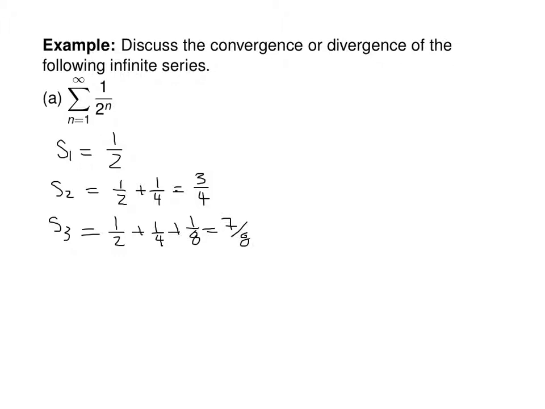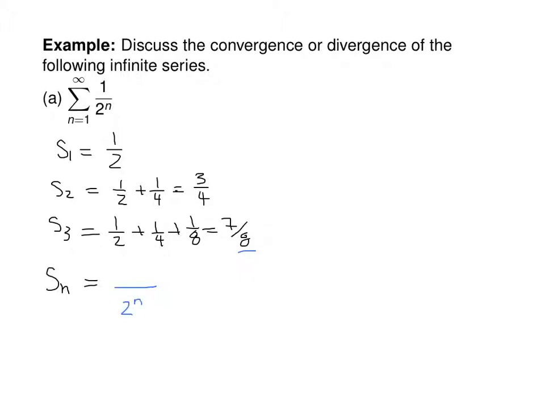From these first three partial sums, we can try to deduce a pattern for the nth partial sum. It looks like the denominator is 2 to the power of whatever partial sum it is. The first is 2 to the power of 1, the second 2 to the power of 2, the third 2 to the power of 3, so the denominator is 2 to the n.